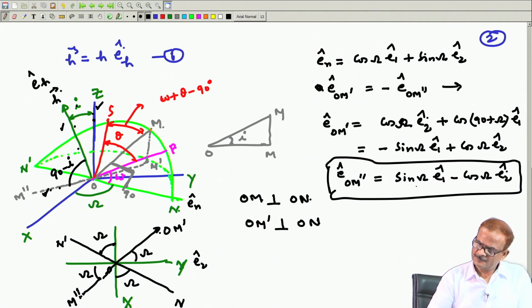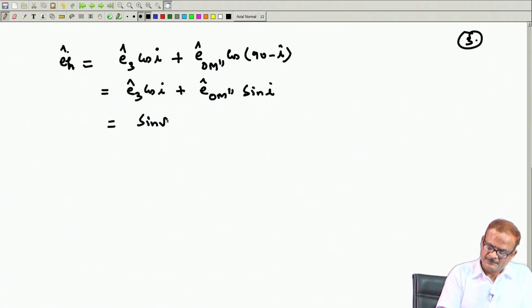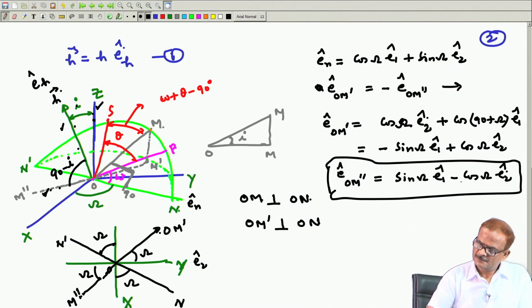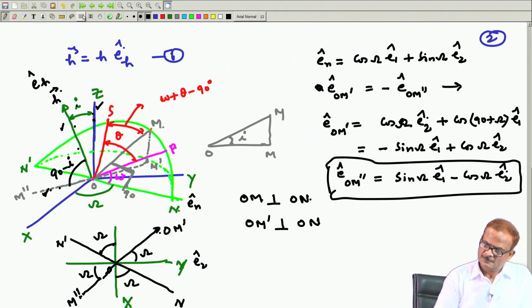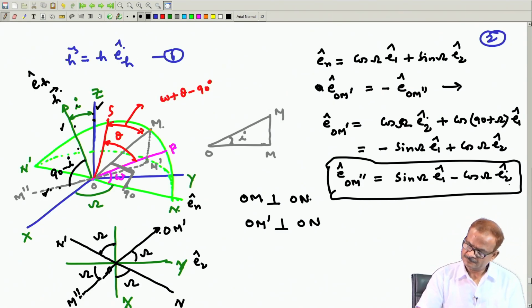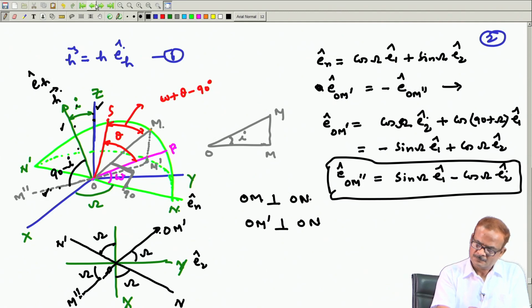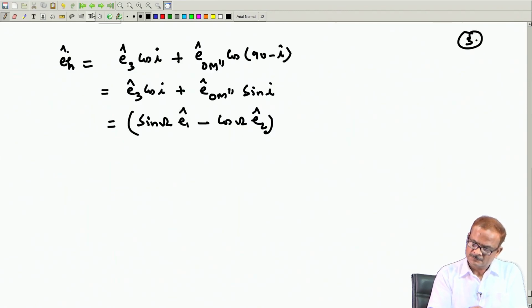Now, insert the value for the E O m double prime. So, E O m double prime is sin I, sin capital omega E 1 cap minus cos capital omega E 2 cap, and plus cos I times E 3 cap.